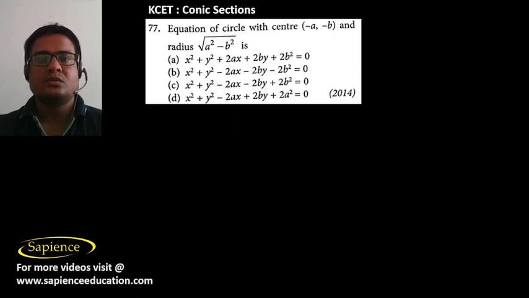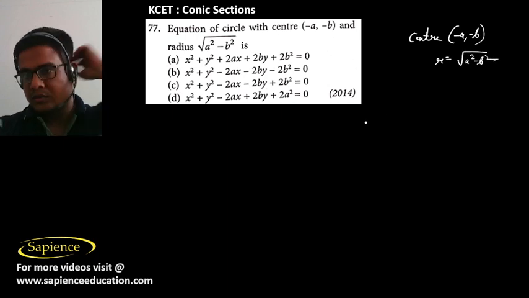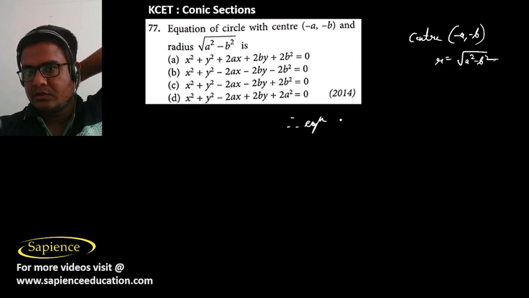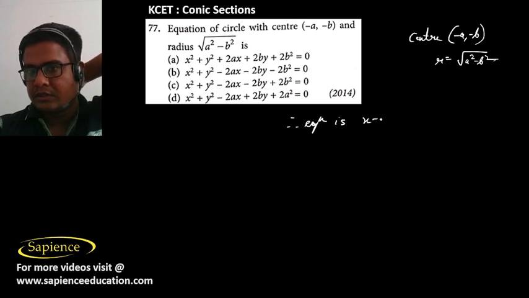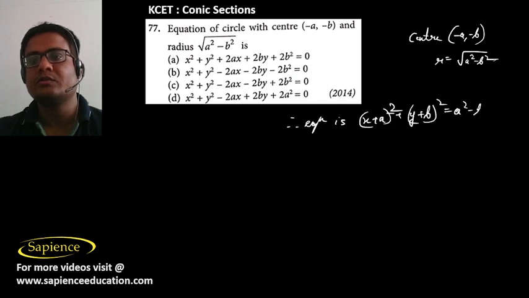Then here it is told, we have to find the equation of the circle having the center minus a comma minus b, and the radius root over a square minus b square. So the required equation is x plus a whole square plus y plus b whole square is equal to r square, which is a square minus b square.